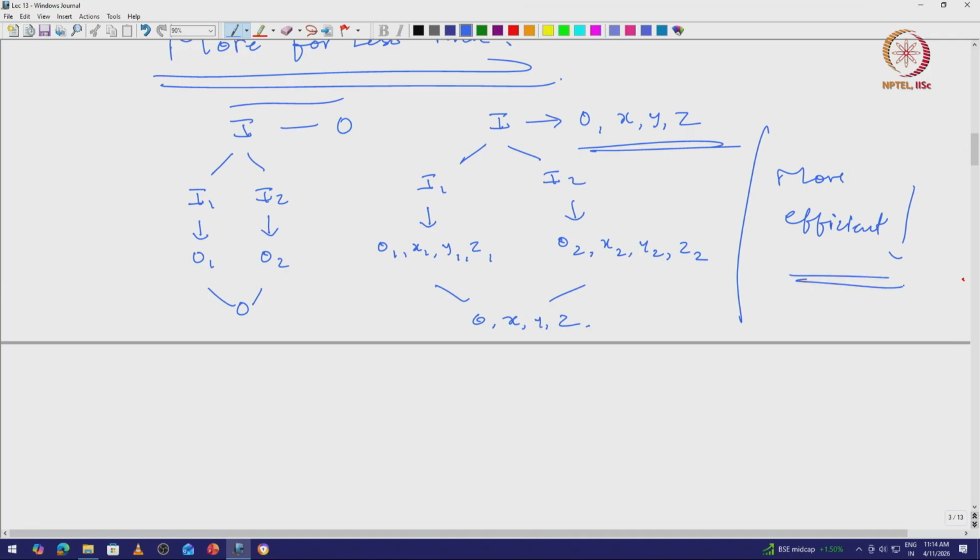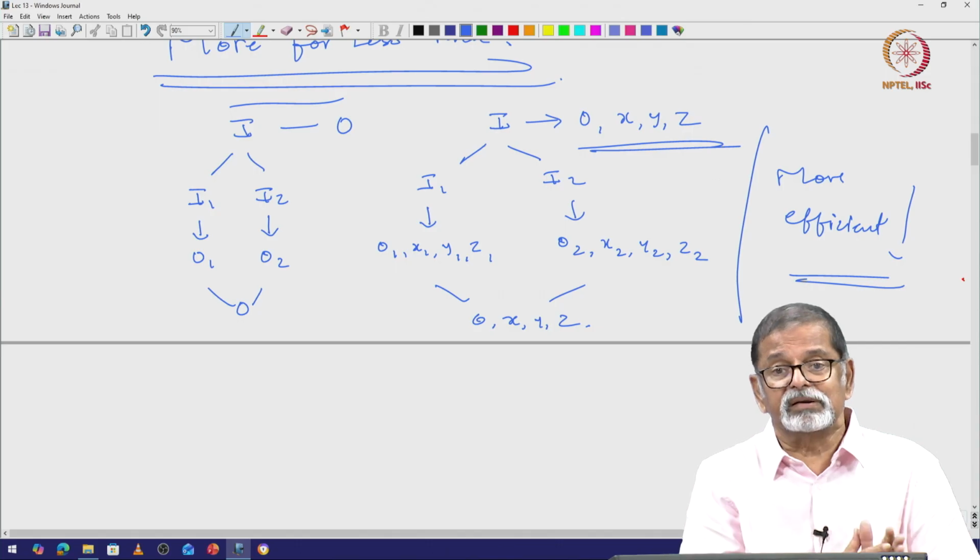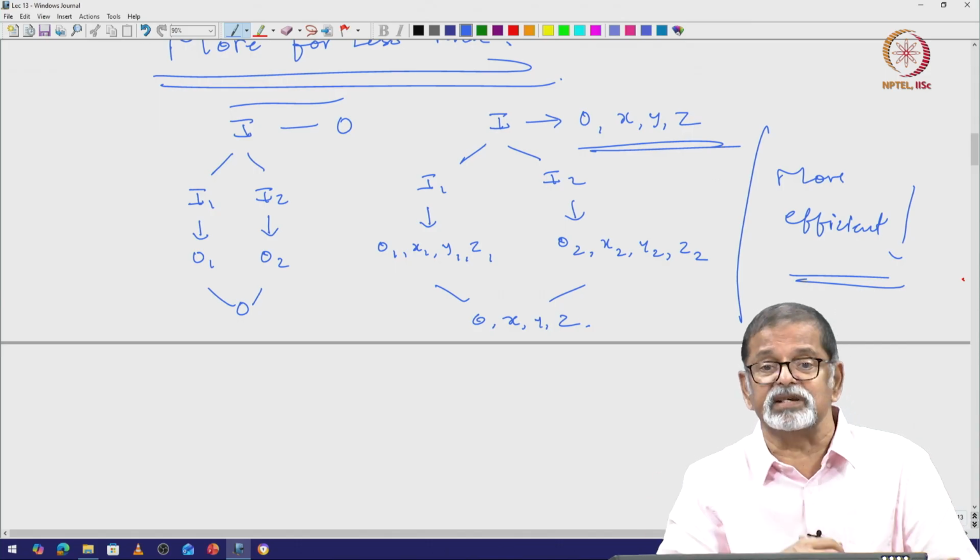Very counterintuitive. Computing O itself is hard. How can computing O and some more values become easier?